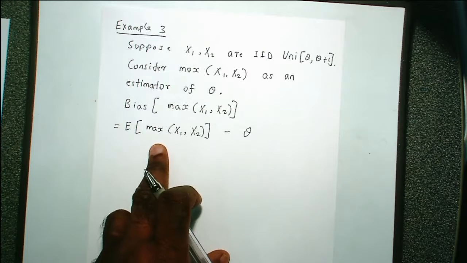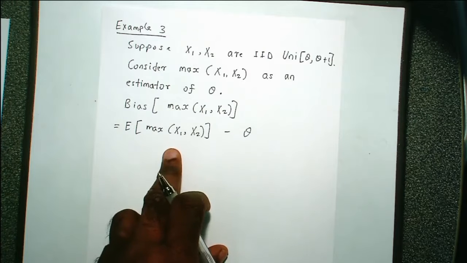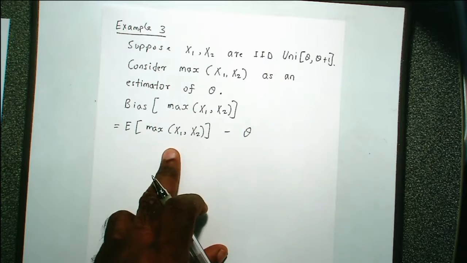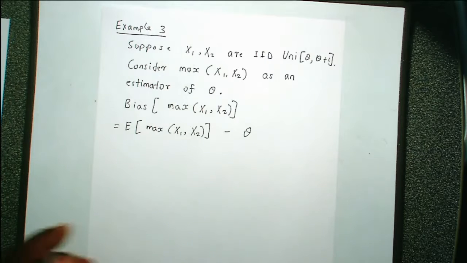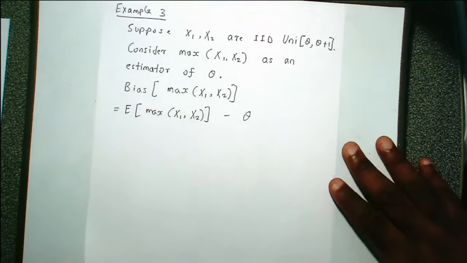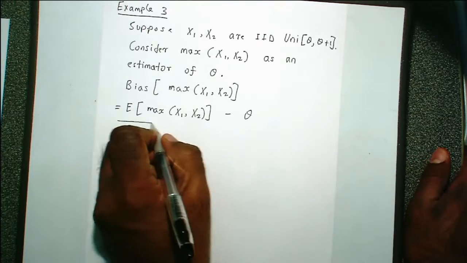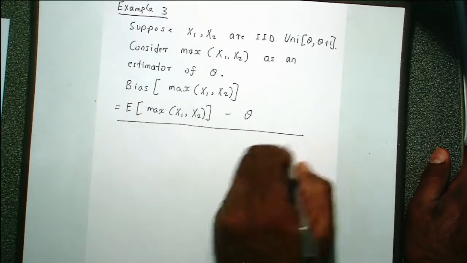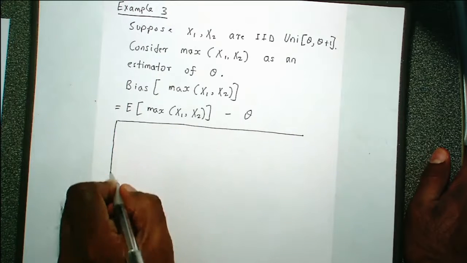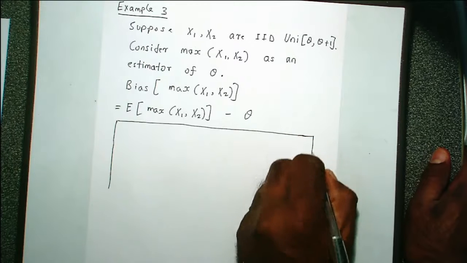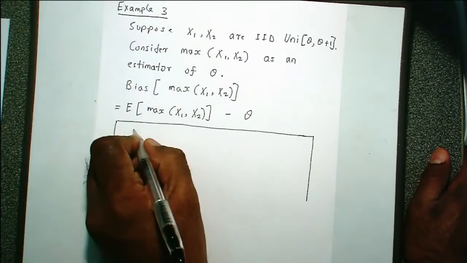To take the expectation of this, the first thing you need to do is to figure out the distribution of the maximum, right? So I'm going to start a box here. You see a lot of boxes coming.